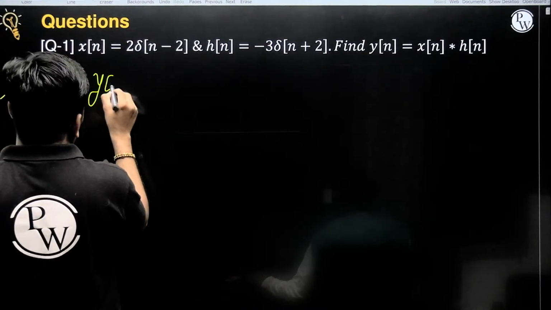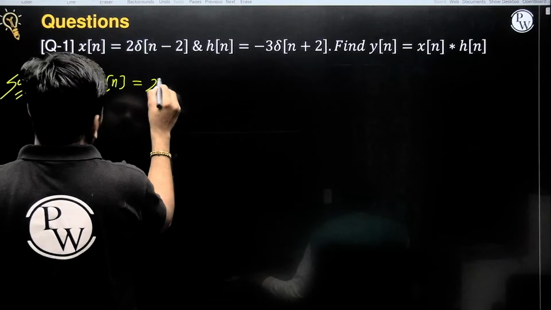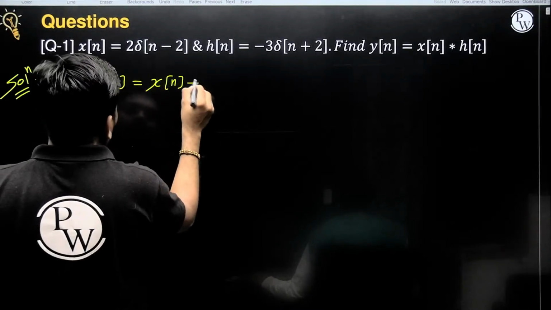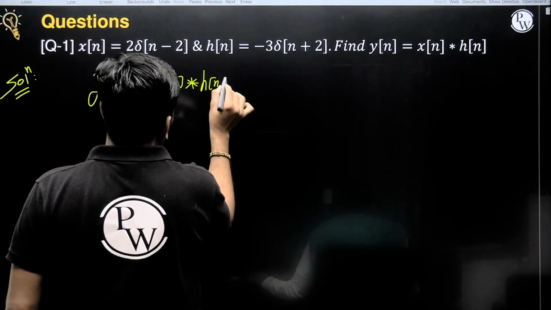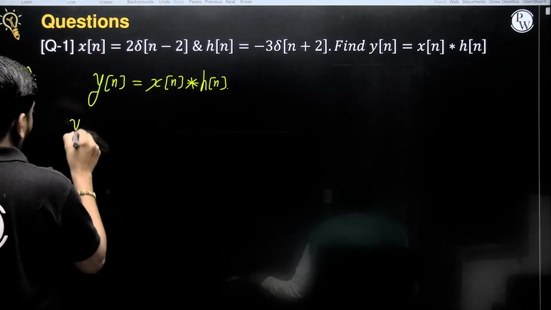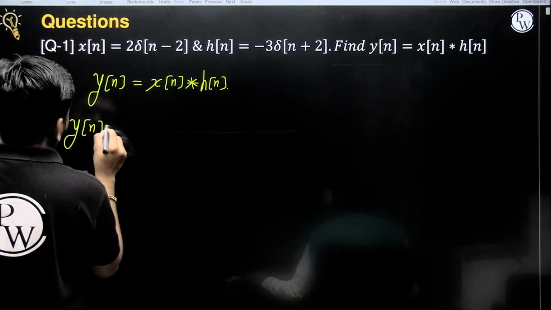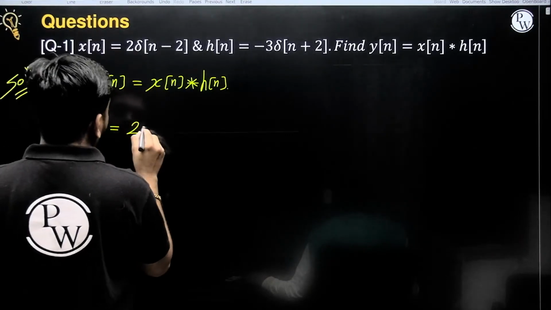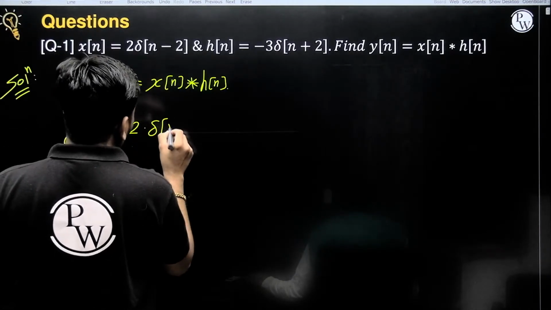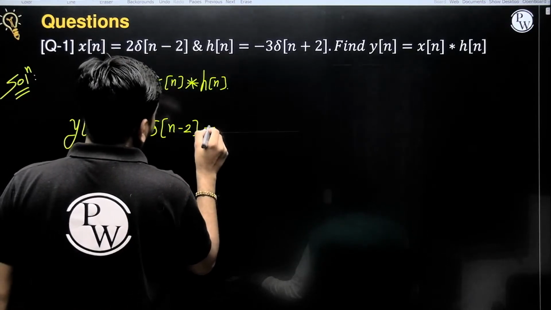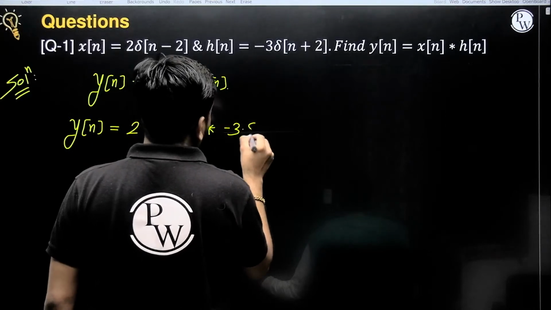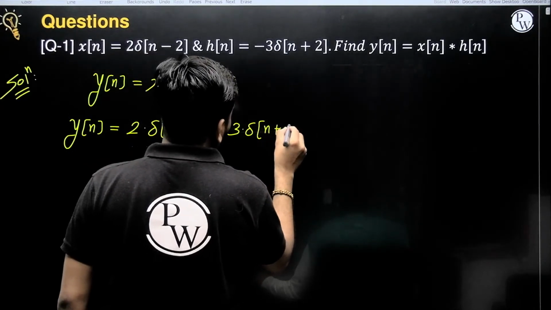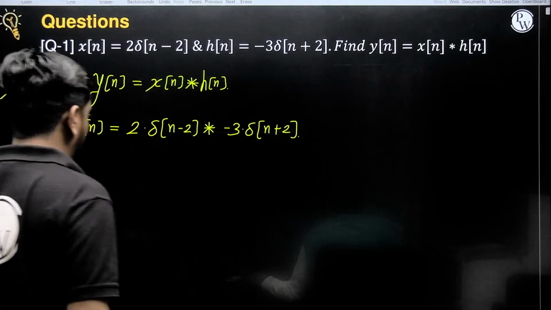So y of n is 2 times delta of n minus 1 convolution minus 3 times delta of n plus 2.